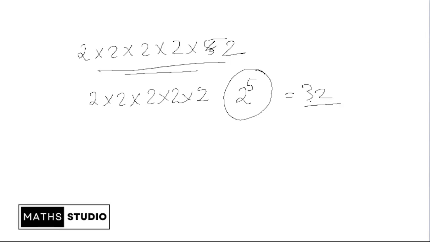So in this case, this 2 is known as the base, and this 5 is known as the exponent. And this whole process of writing this thing is called 2 to the power 5.